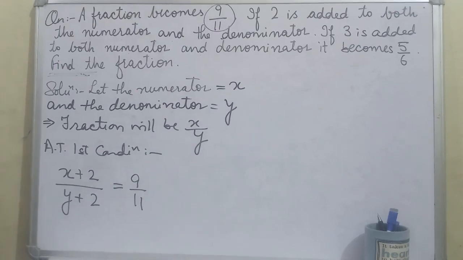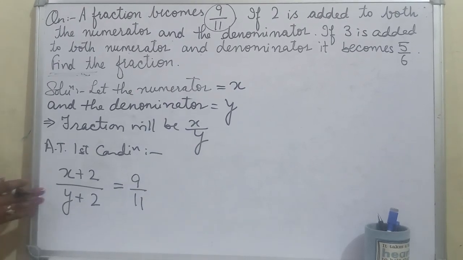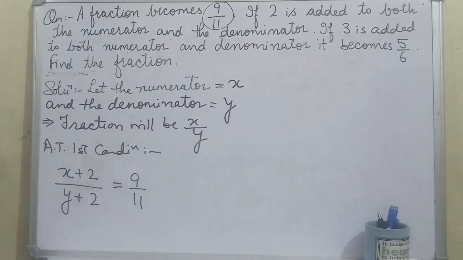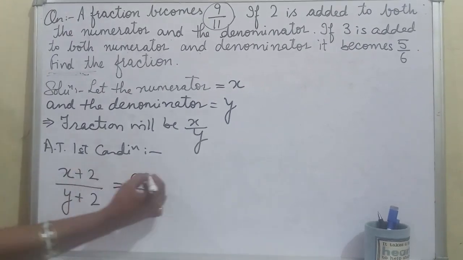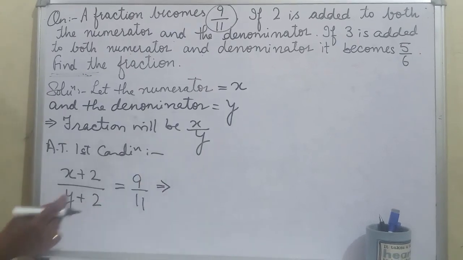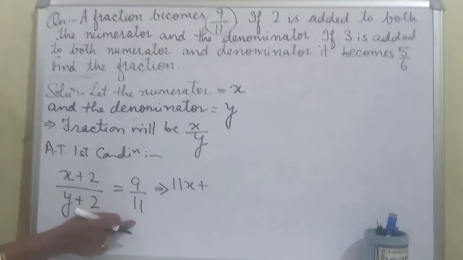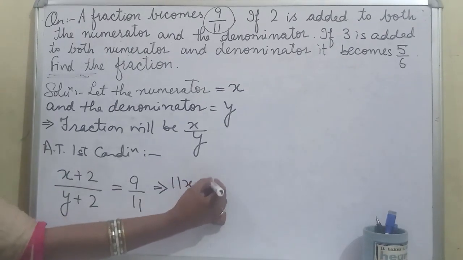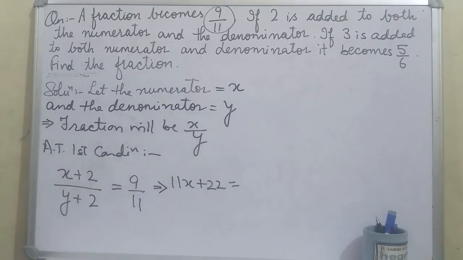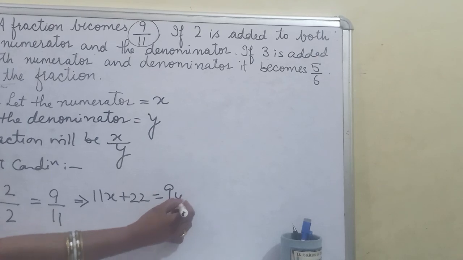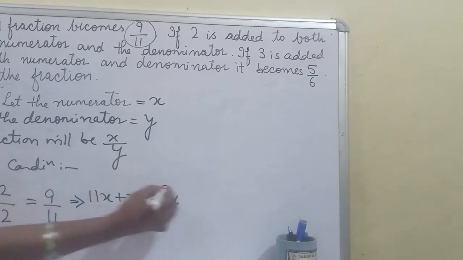So to get a linear equation in a proper way, what do you have to do here? You have to cross multiply these two. After cross multiplying, what do I get? 11x plus 22 is equal to 9y plus 18.